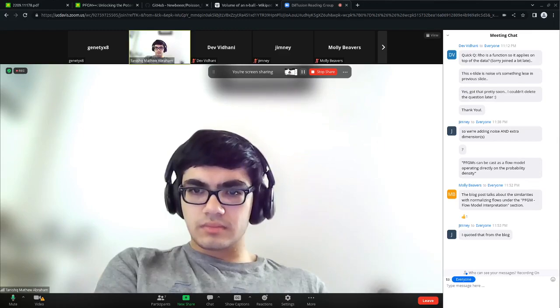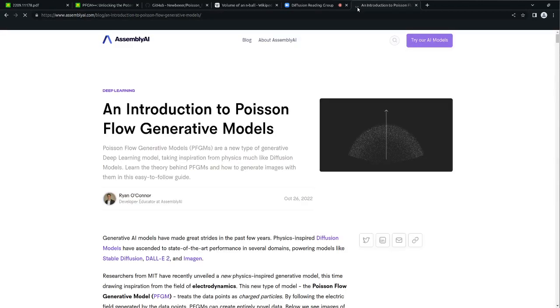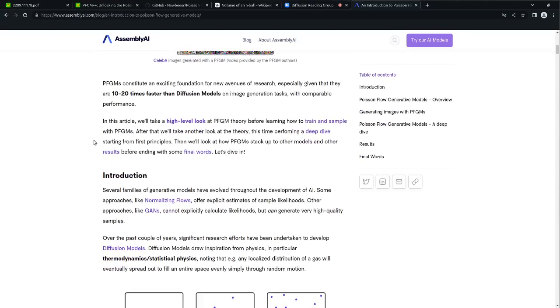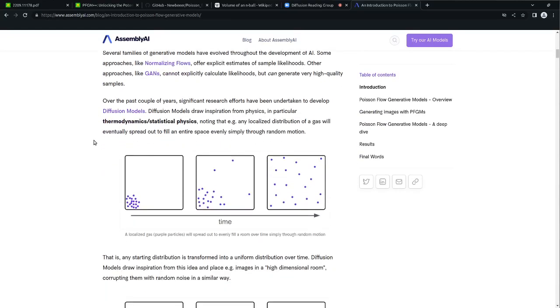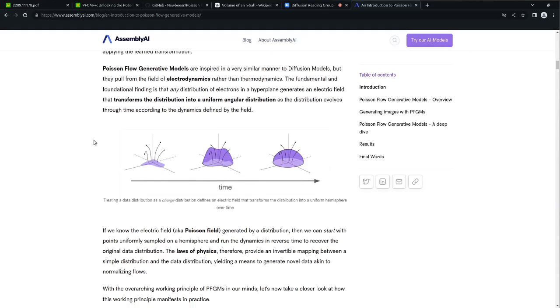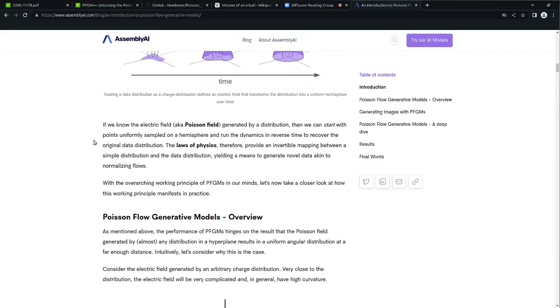Yeah, actually the blog post was pretty nice. What's this? Flow model interpretation. Oh, okay. For those interested, you can cast a flow model directly with the probability density.